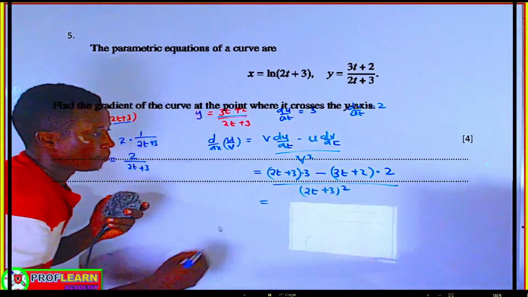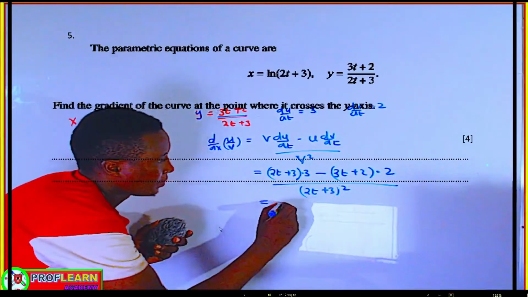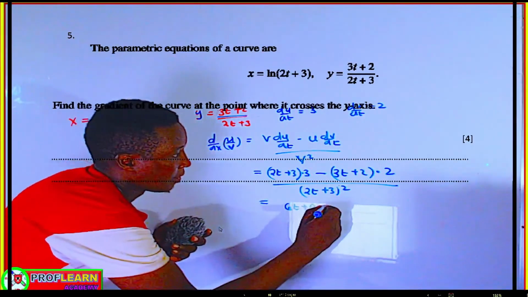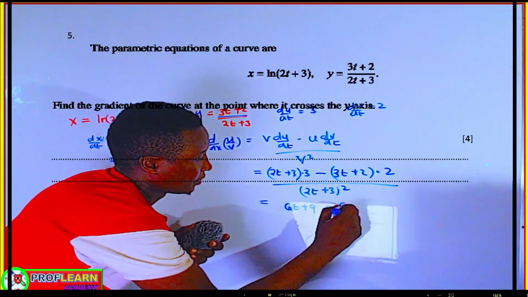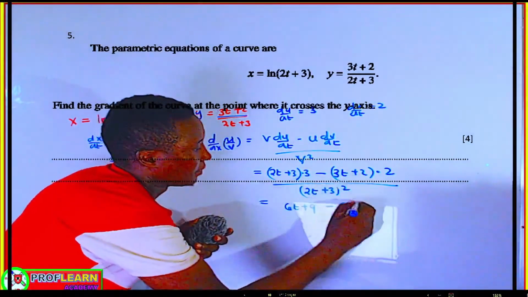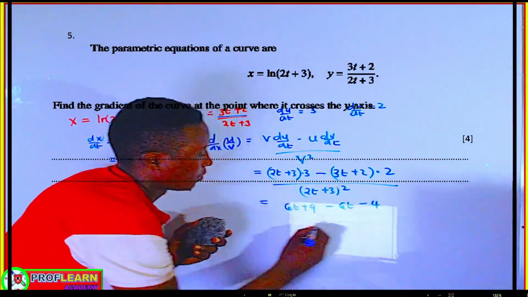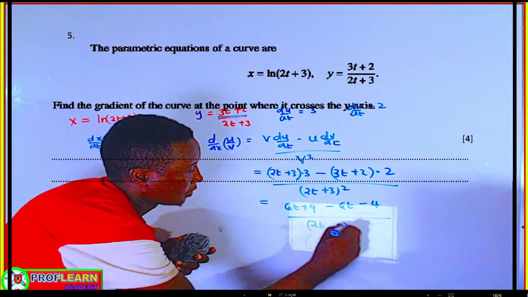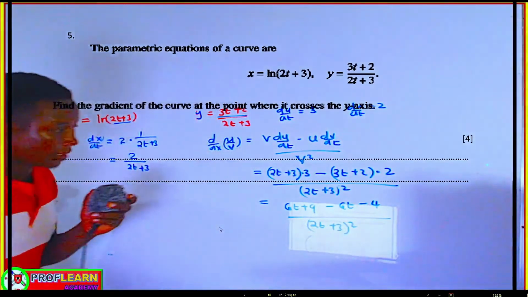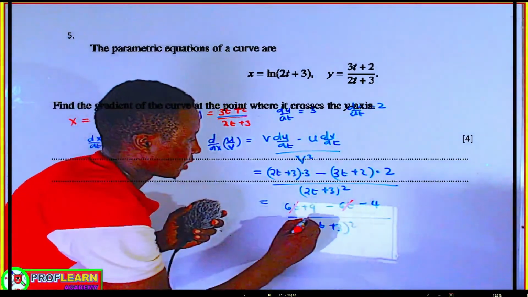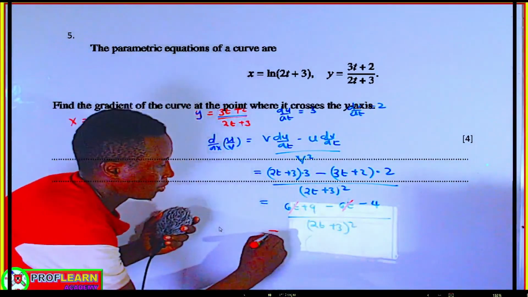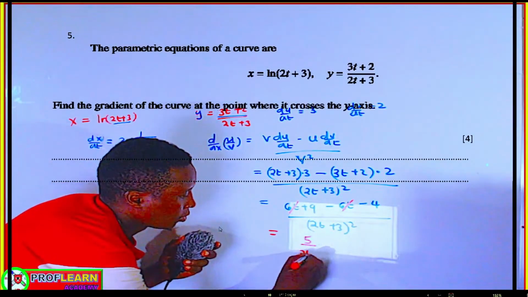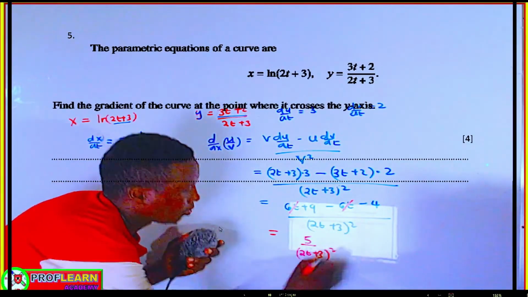That is equal to 6t plus 9 minus 6t minus 4 over (2t plus 3) squared. This and this will cancel out, and I remain with 5 over (2t plus 3) squared.